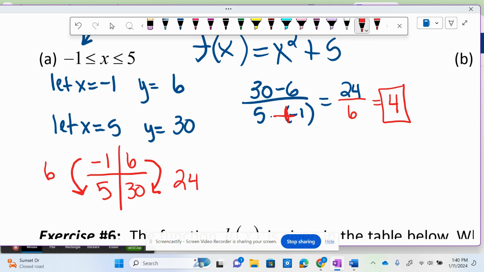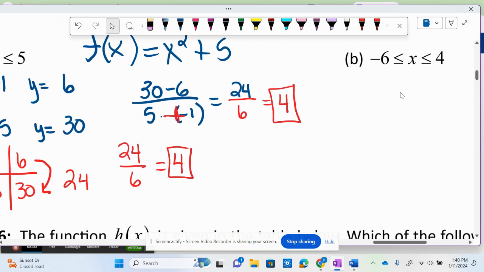Negative 1 plus 6. And I still get the same answer, 24 over 6. You're still finding the difference or the change. I want you to use whatever method works best for you. Okay? But that's what the average rate of change is. It's just your slope. Average rate of change is just your slope.